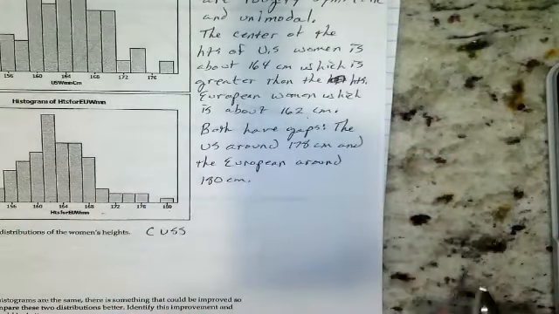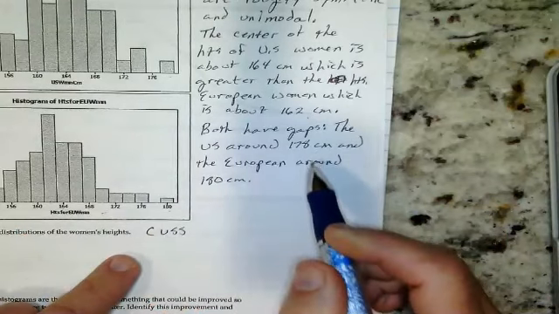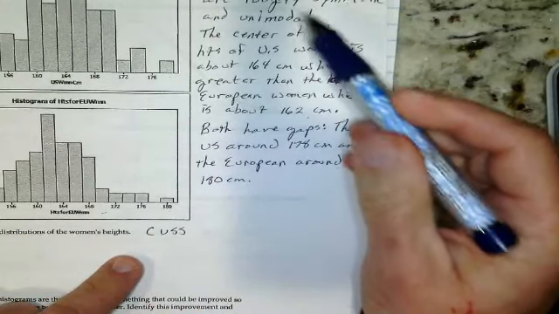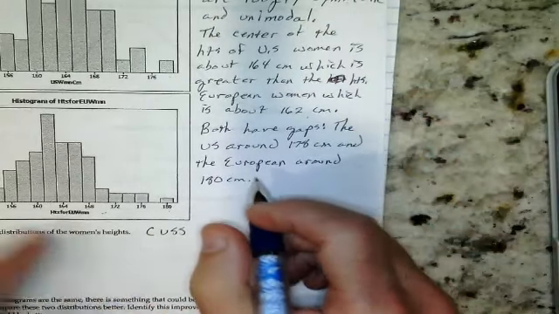So that might be unusual. There's a gap there. Let's see. We've talked center, unusual, shape, now spread.